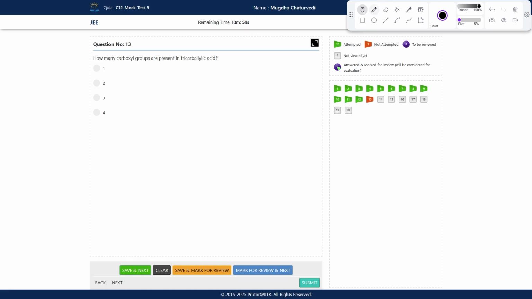In next one, it is asking how many carboxyl groups are present in tricarboxylic acid. So if you see over here carefully, this tri is coming. So this tri itself indicates that 3 carboxylic groups are present. Okay, so if you look at the structure, then this is the structure.